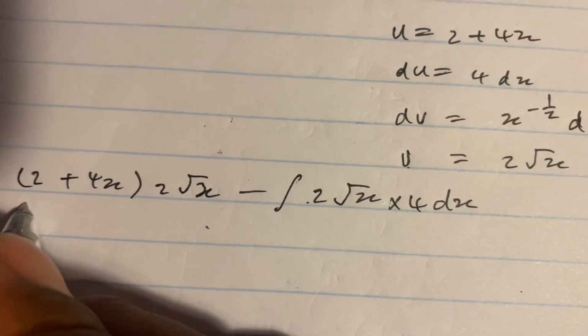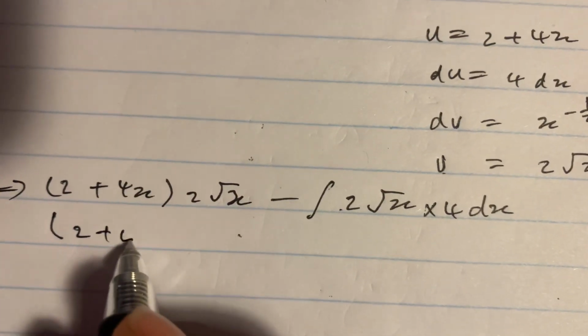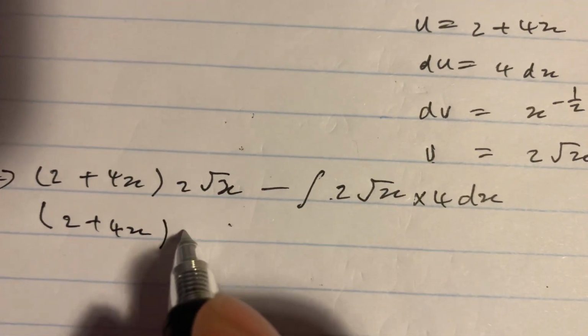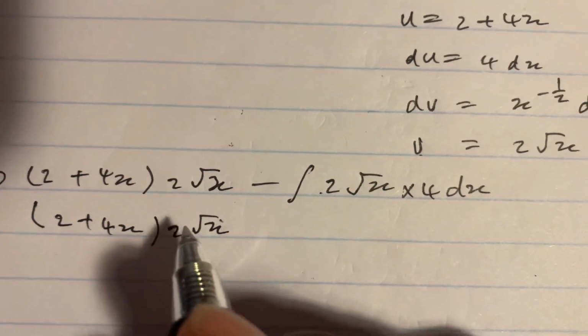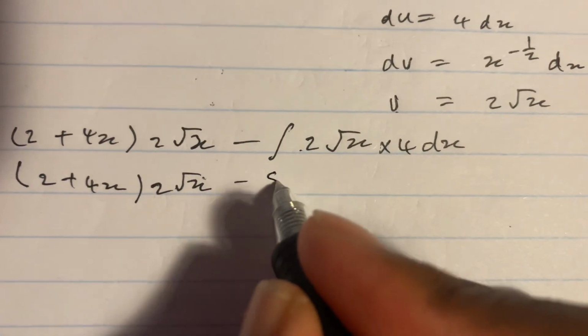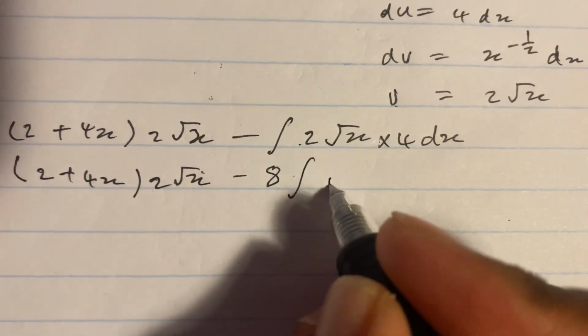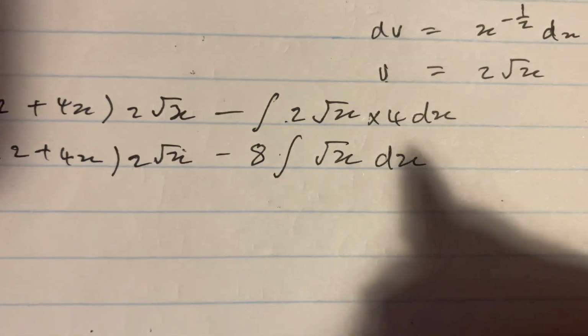So you have (2 + 4x) times 2 square root of x. To save time, I'm not going to write this thing going down. I'm just going to integrate this one. So you have negative 8 times the integral of square root x dx.